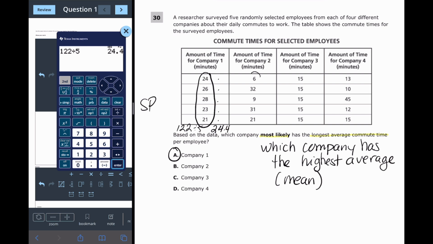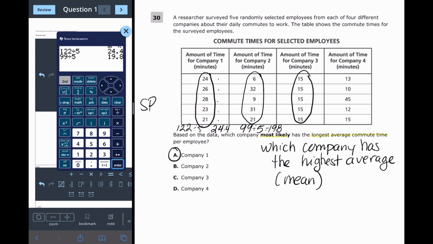For the second one, when we add all of these up, our total is 99. So 99 divided by 5, it'll be just under 20. So their average is 19.8 minutes. This one's the easiest one, C, because they're all the same. So 15 plus 15 plus 15 plus 15.